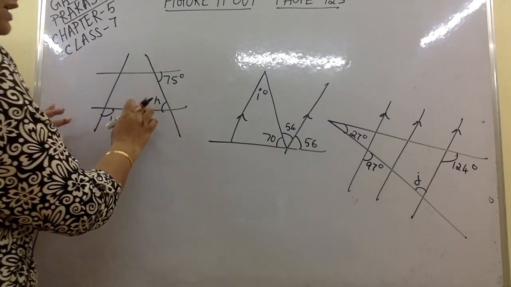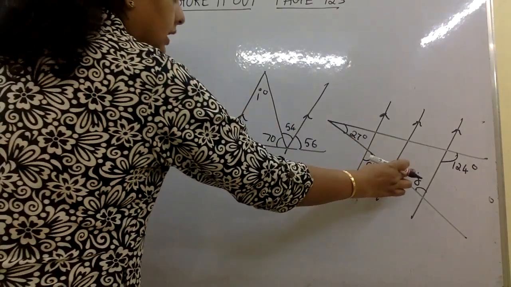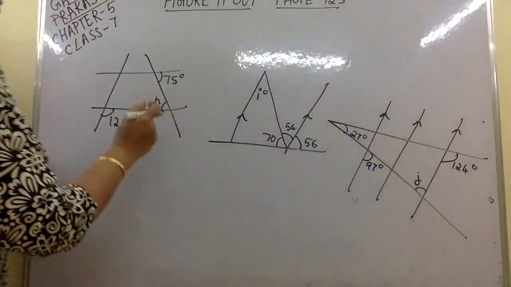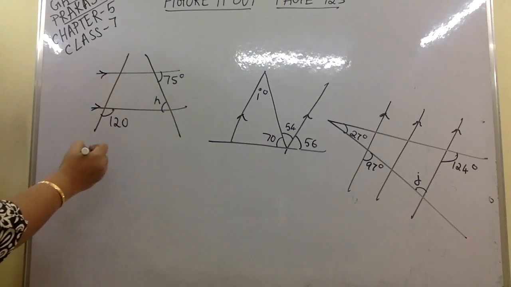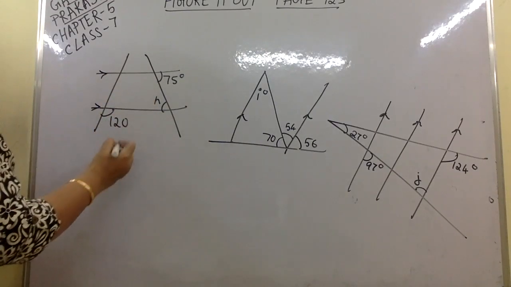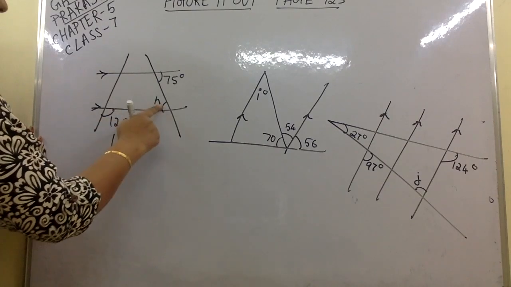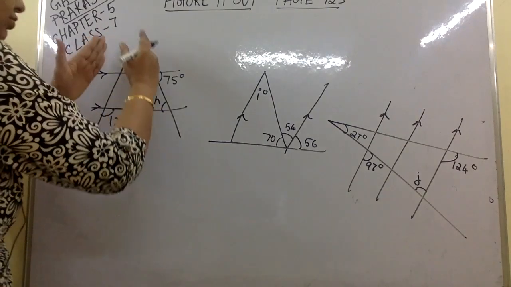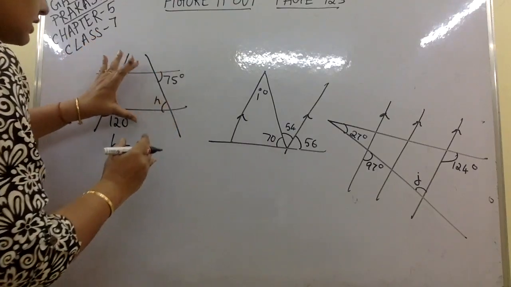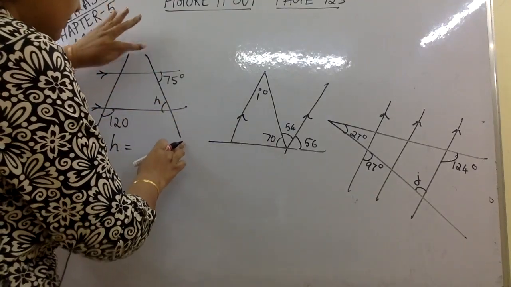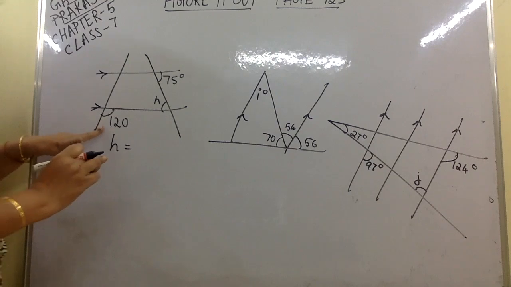Okay, so let's see. We have to find H in this sum, and I and J here. So these two lines are parallel. So here, don't write H is equal to 120 because these two lines are not parallel. These two lines are parallel, this is the transversal. This 120 has been given only to confuse.